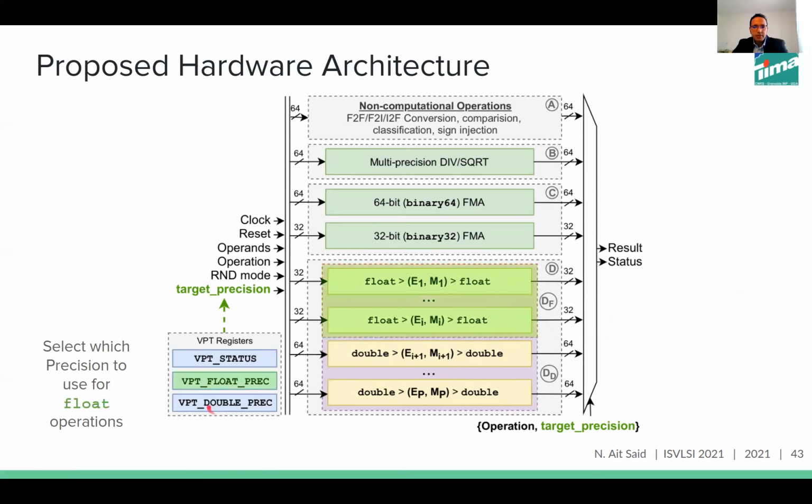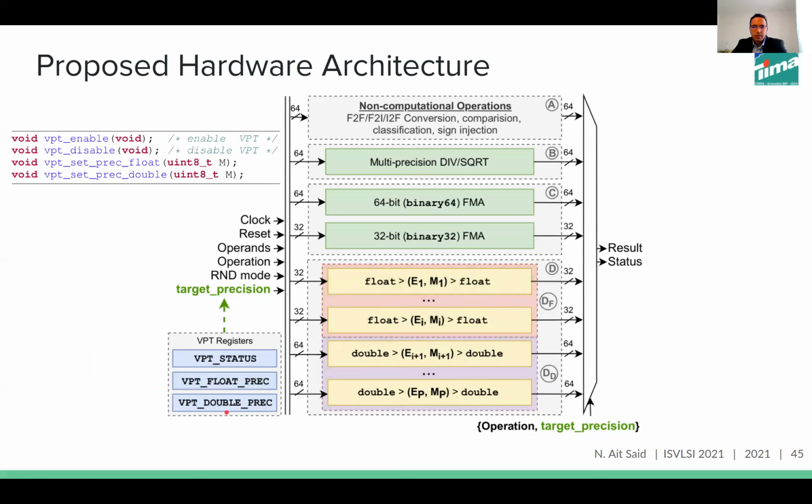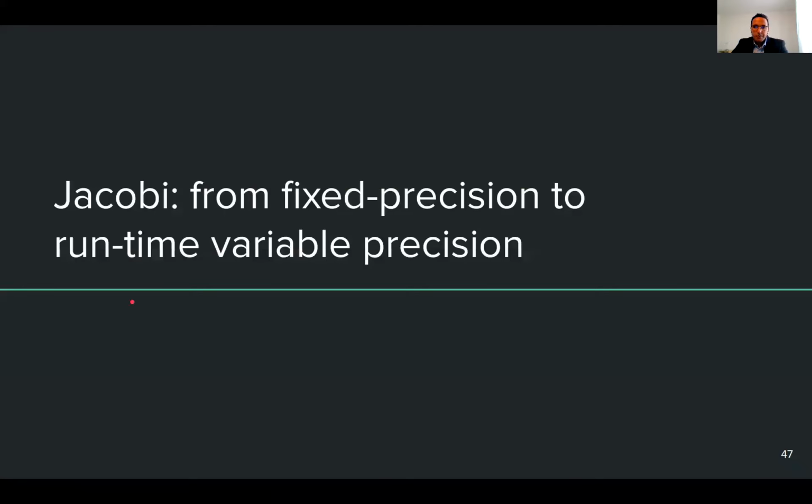Basically, we have a status register, then a register that controls the precision of float operations, and then another one for double operations. As for the software level support, we developed a lightweight hardware abstraction layer that facilitates register manipulation. It's just a header-only library that can easily be included in existing applications.